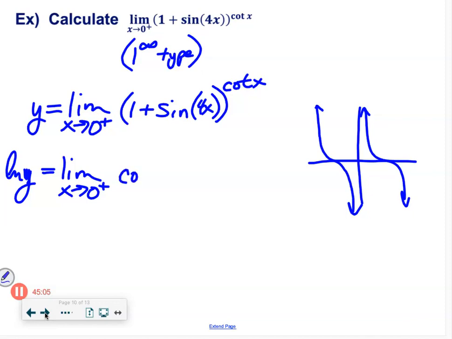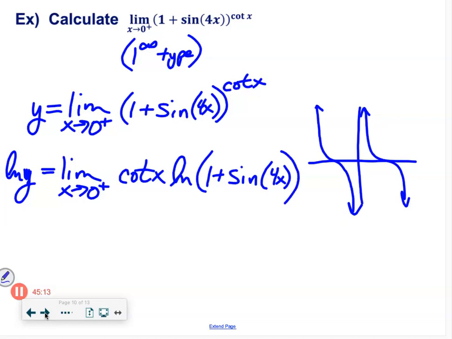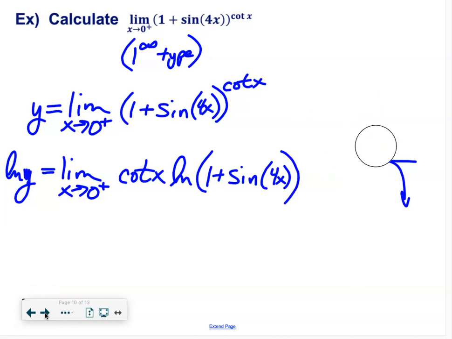So now we have the cotangent of x times the ln of 1 plus sine 4x. I skipped a step there. I put the exponent in front right away. All right, so now let's see what we've got here.